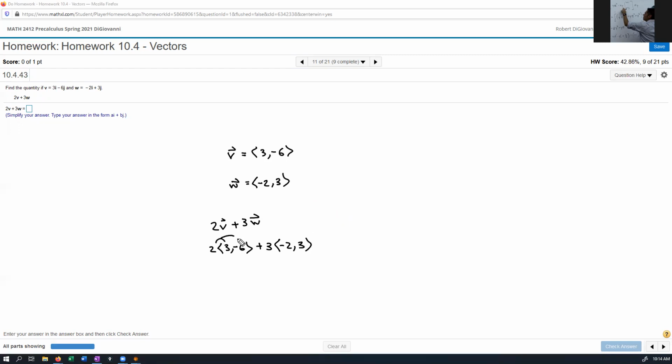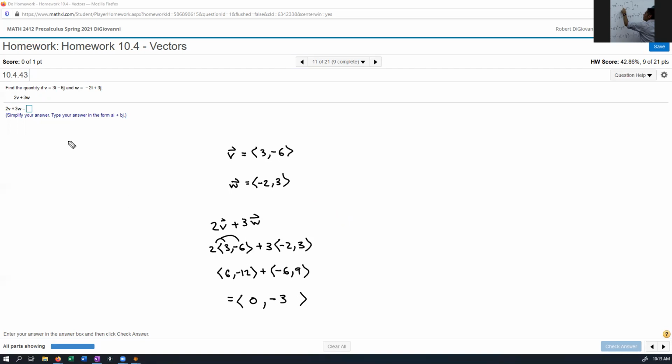All we do is distribute the number through here. So we get 6, negative 12, and then we're adding to that the vector negative 6, 9. And now all we do is add the components together. So I do 6 plus negative 6, that's 0, and then negative 12 plus 9, I get negative 3.